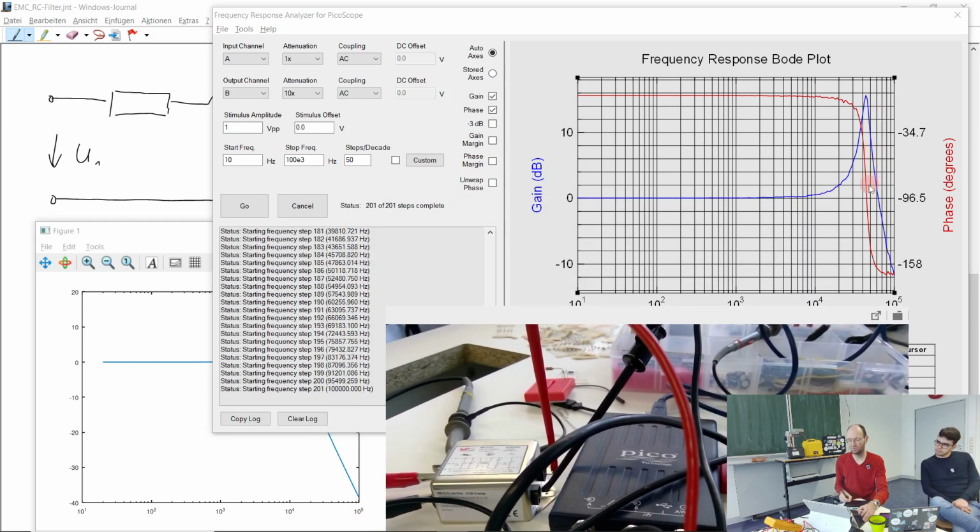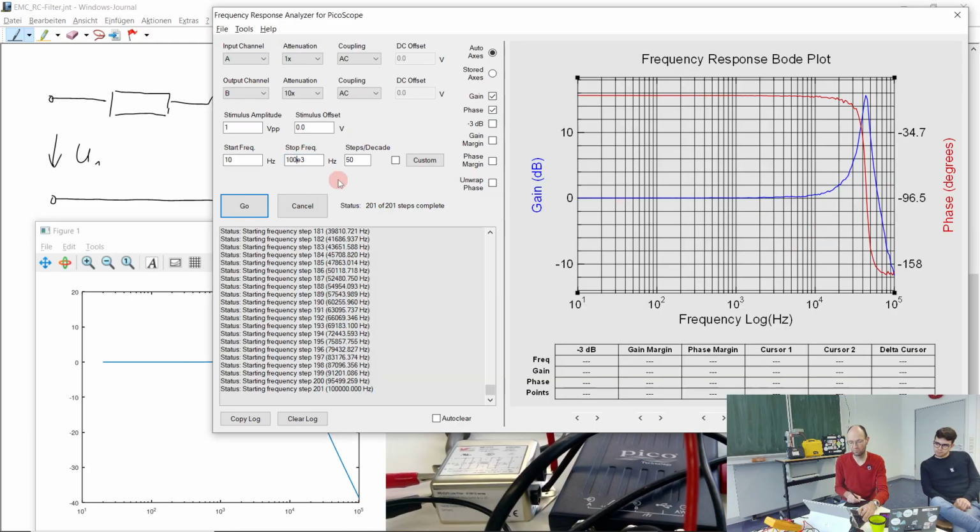Unfortunately, this corner frequency here is at rather high frequencies already. And so I think I cannot go higher than this. And that's why we cannot have a nicer measurement of the real behavior of the filter at the point where it should attenuate.